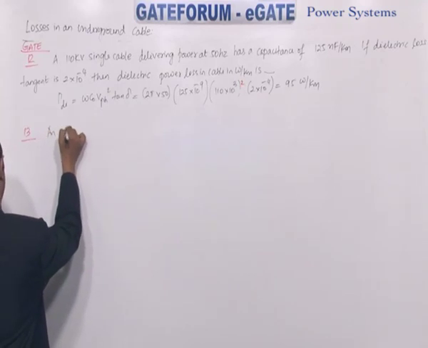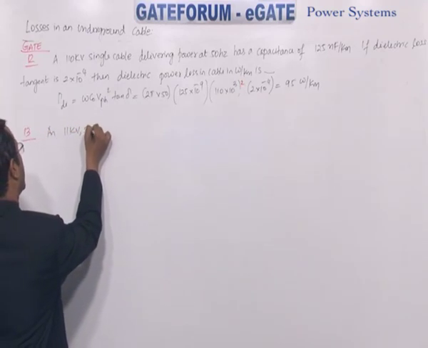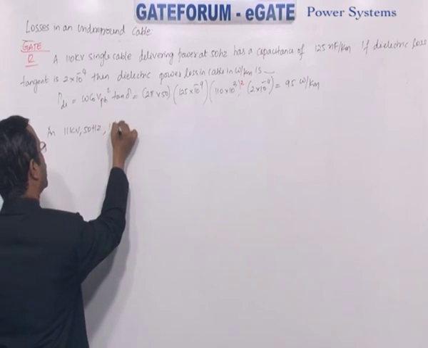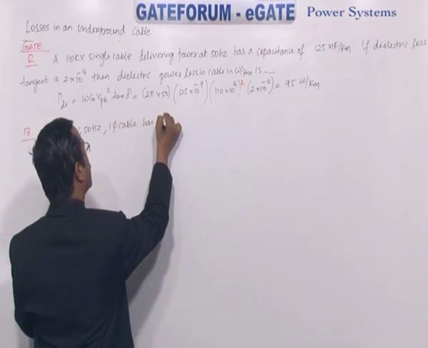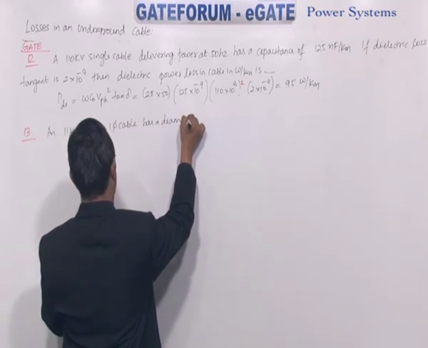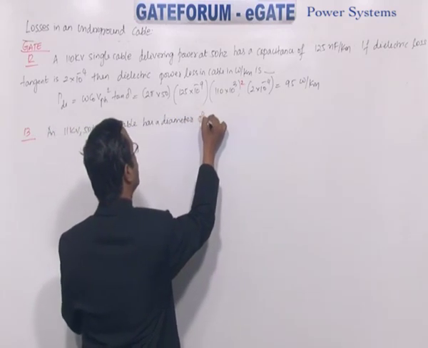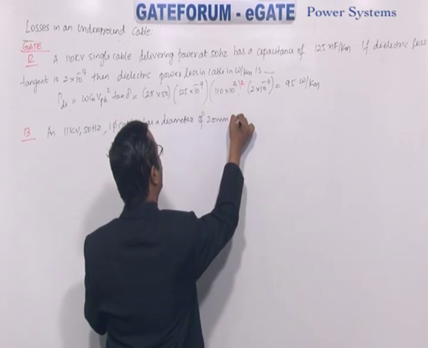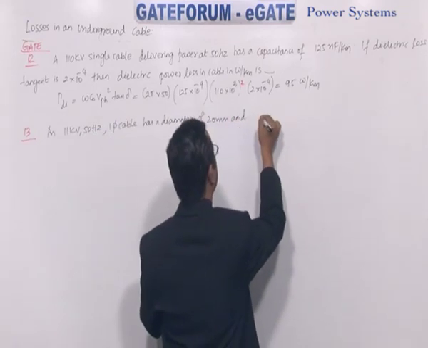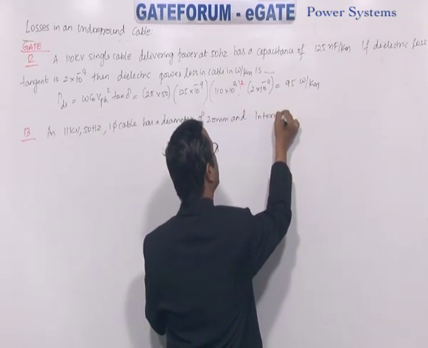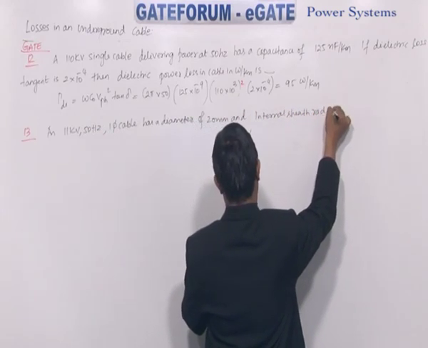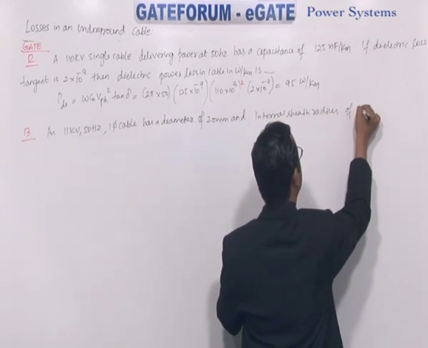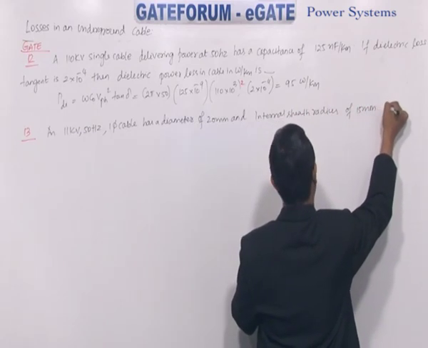Next question: an 11 kV, 50 Hertz single phase cable has a diameter of 20 mm and an internal sheath radius of 15 mm.